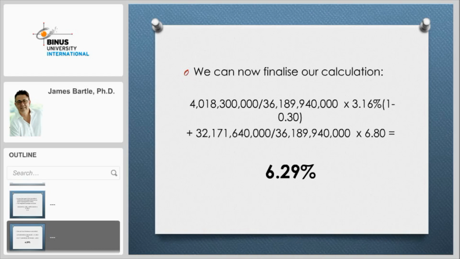So 4 billion over just over 36 billion. So they're a very low debt company. They rely primarily on equity to fund their projects. We know that their average rate is 3.16%. So on average, when they raise debt, that debt costs 3.16%.